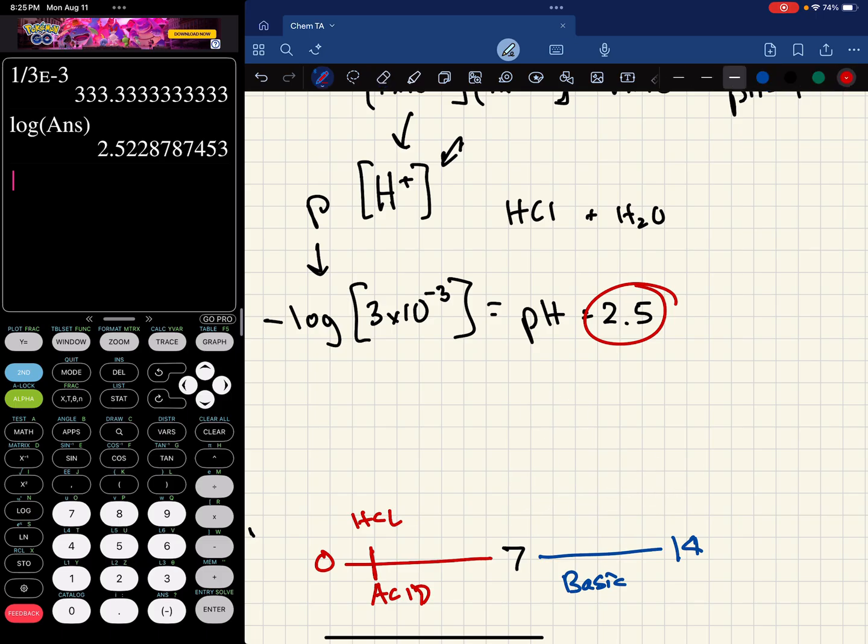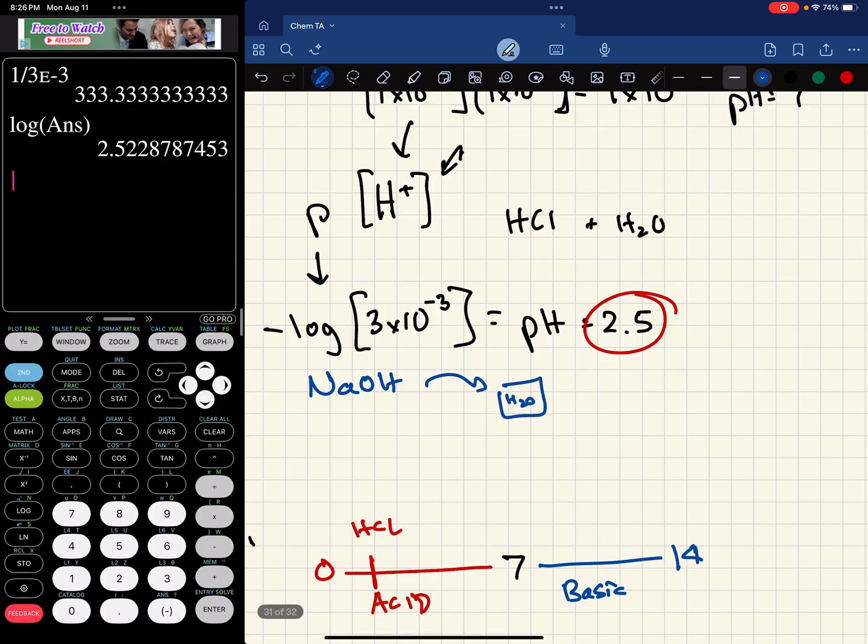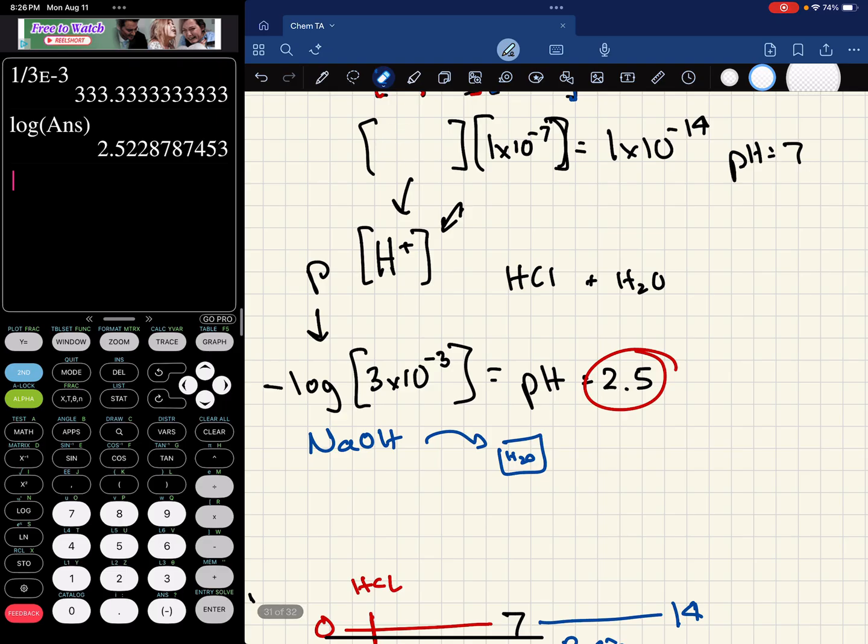Let's say we put in a base, NaOH. This is a really strong base. Okay, so we should get a pretty high pH when we do this. Let's see. Let me look up the value here. Okay, so if we put NaOH into water, this is what it does to our concentration.